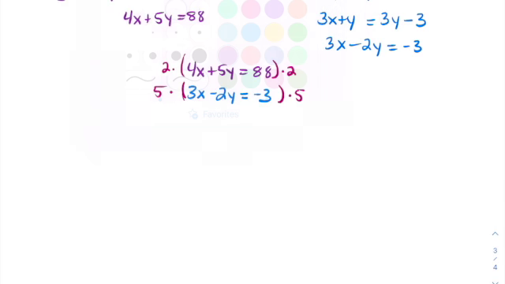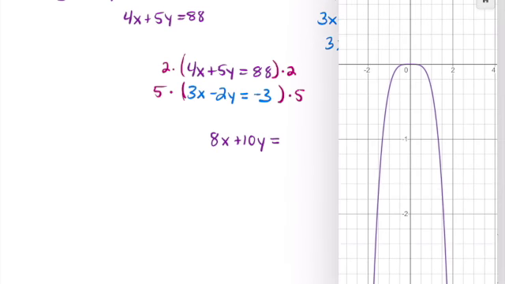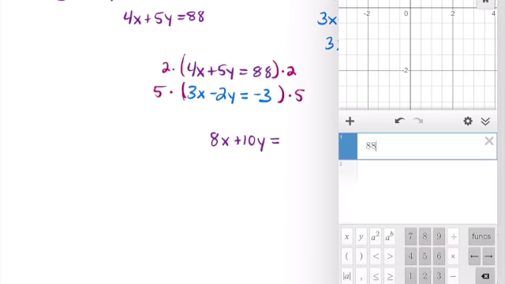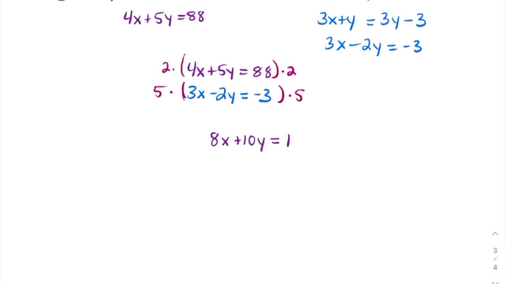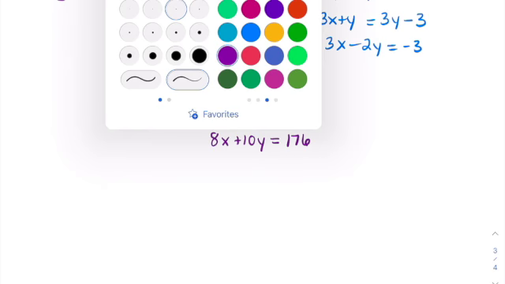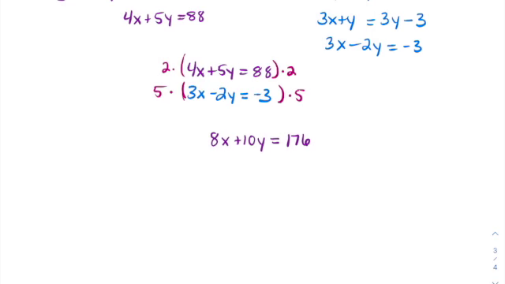I'm color coding so you can see along the way. That makes this top equation become 8x plus 10y is equal to 88 times 2. 88 times 2 is 176. And then let's multiply everything in the blue equation by 5. This gives me 15x minus 10y equals negative 15.